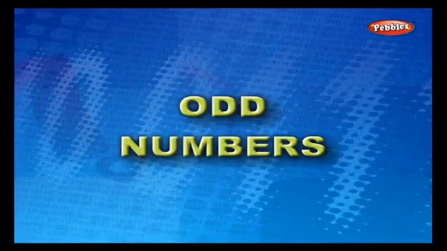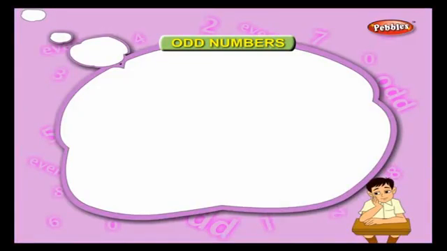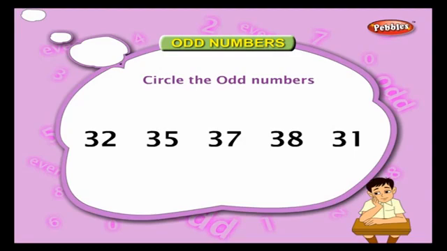Odd numbers. Numbers ending with 1, 3, 5, 7 and 9 are called odd numbers. Let us now circle the odd numbers in the given 5 numbers. 32 ends with 2, so it is not an odd number. 35 ends with 5, so it is an odd number.